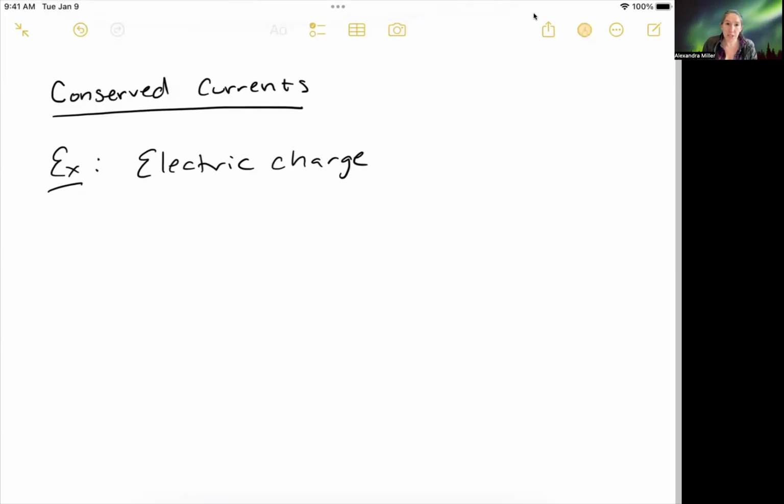And electric charge is a conserved thing. And maybe previously you would have written Q as the total charge, maybe in some region, which again, in general, maybe charge is flowing in and out of this region. So Q would be some function of time. It'll be slightly more natural to think in terms of charge density.